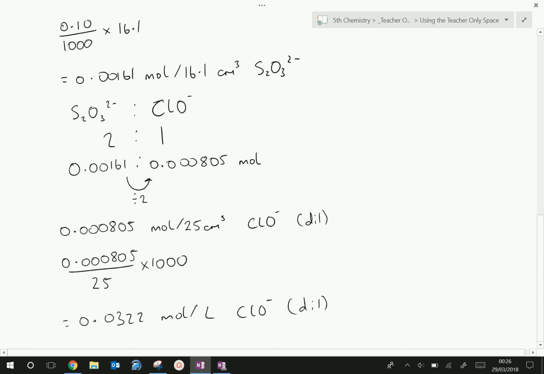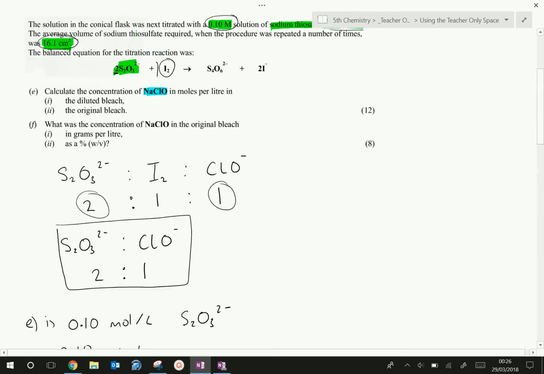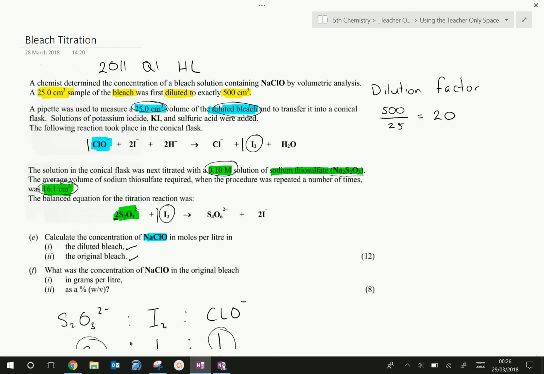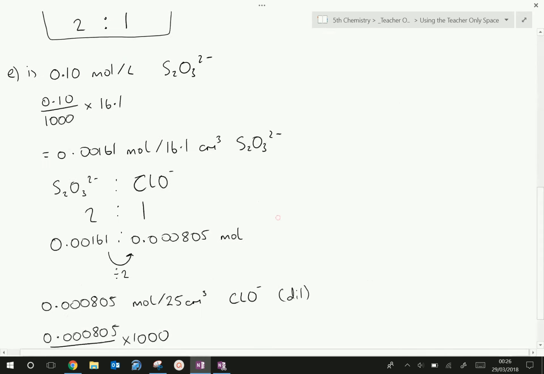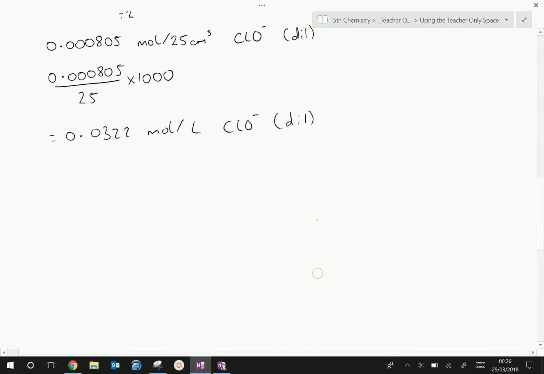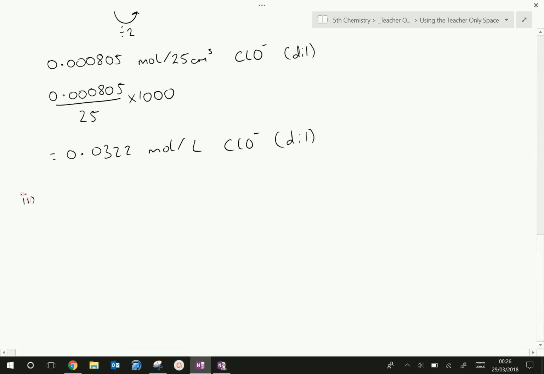So that's E part 1 finished. But now I need the concentration in moles per litre in the original bleach. So we know from the very beginning that the original bleach is 20 times more concentrated than the dilute bleach from my dilution factor. So all I need to do is multiply the concentration of my dilute bleach by 20.